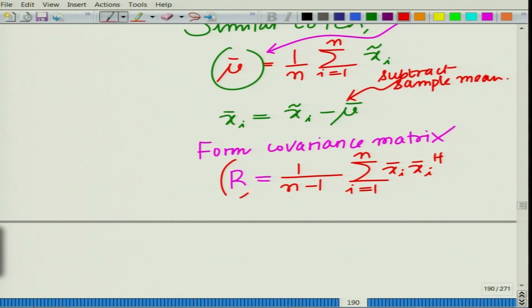So, this is basically your covariance matrix, right.